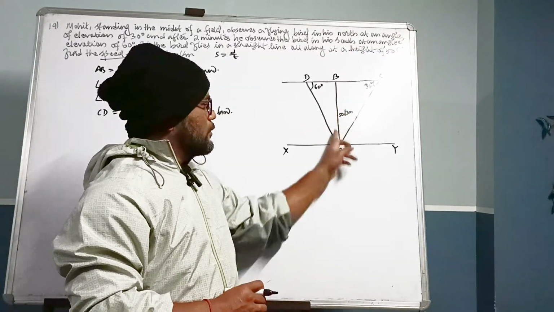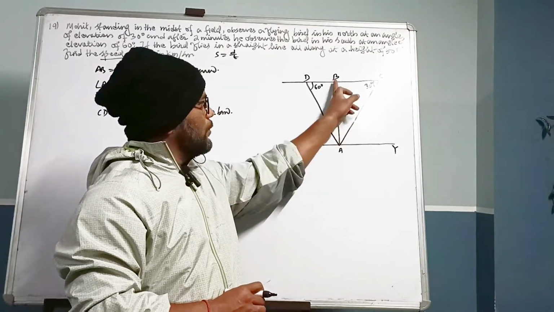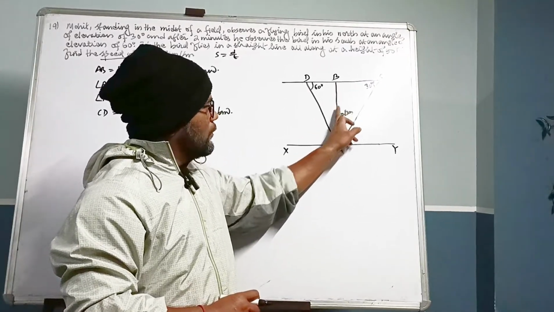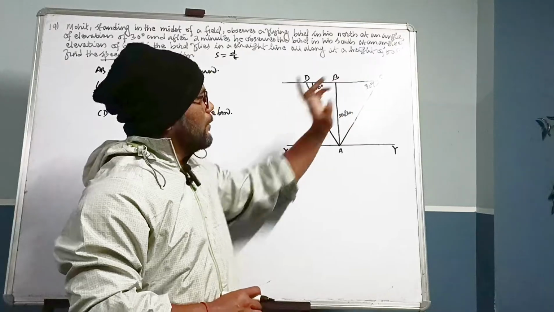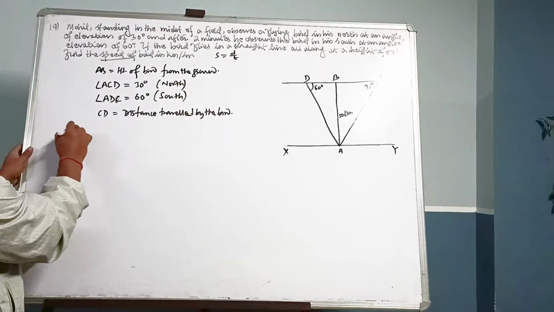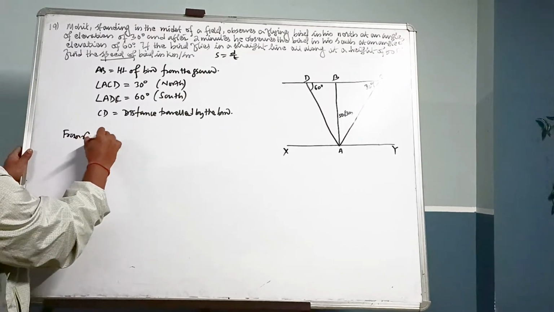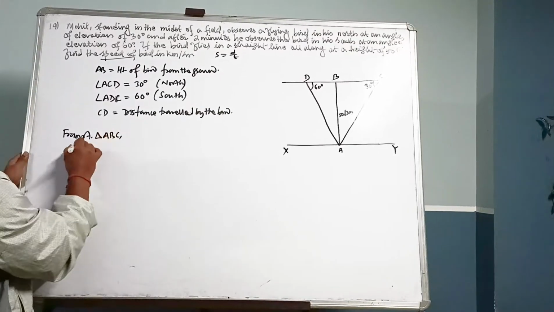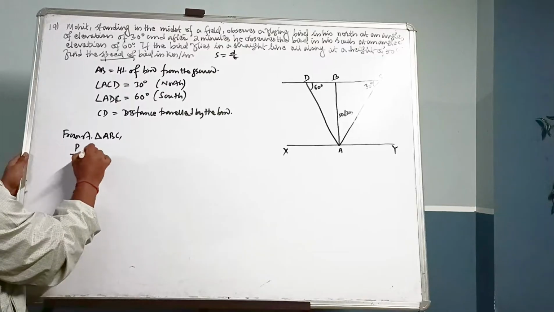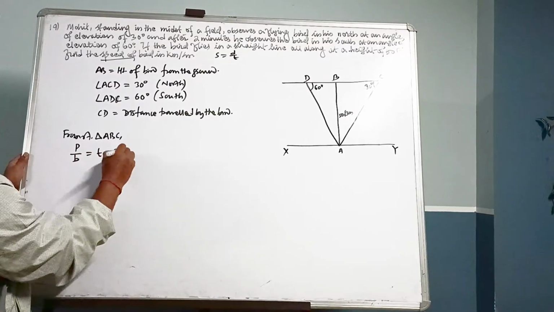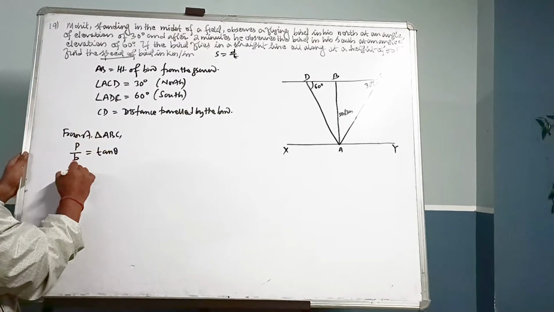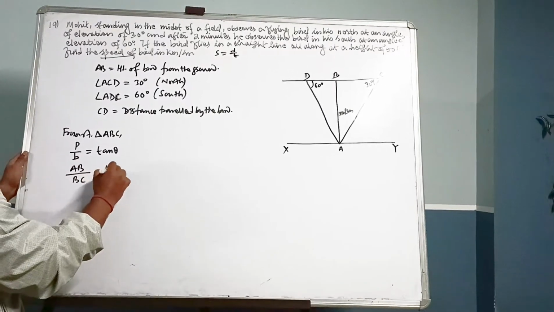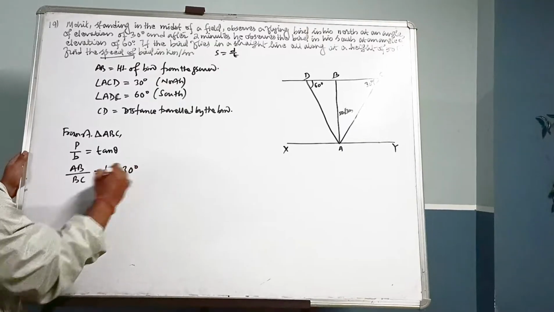You just see this is a triangle. ABC is a right angle triangle where the perpendicular is given, base is not given. Okay, so from right angle triangle ABC, perpendicular by base equals to tan theta. So perpendicular means AB, base BC, tan 30 degree.